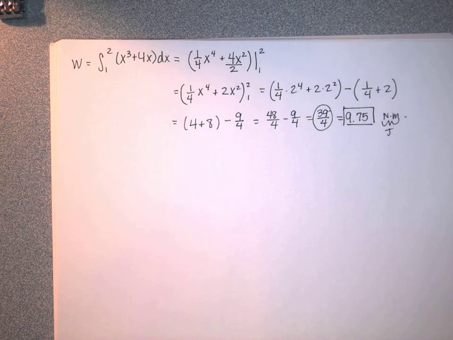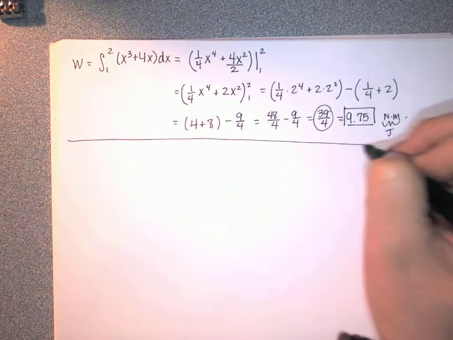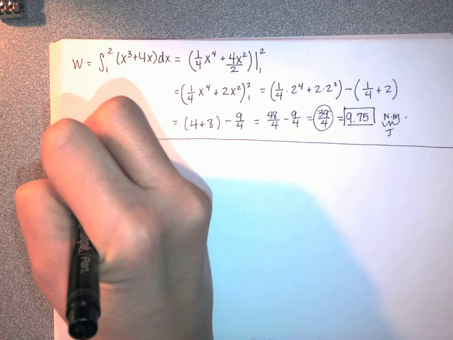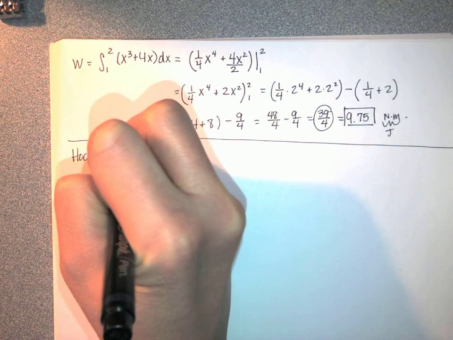Okay. Another example of a variable force acting on an object is due to Hooke's law.